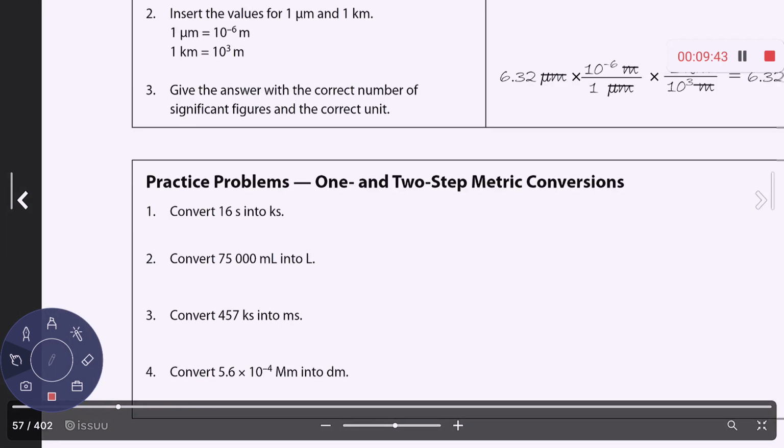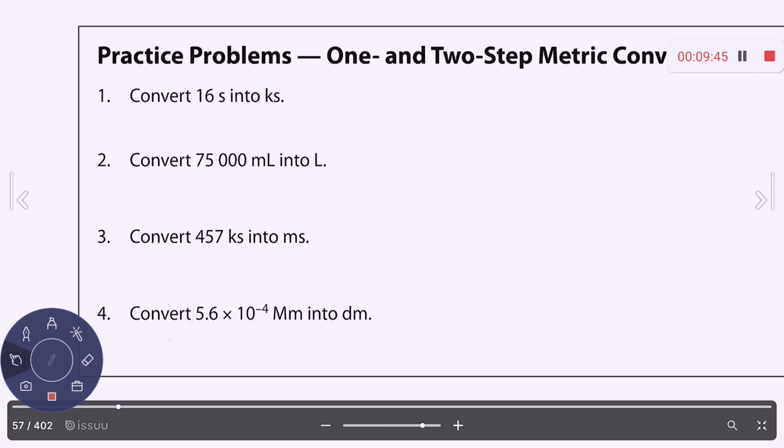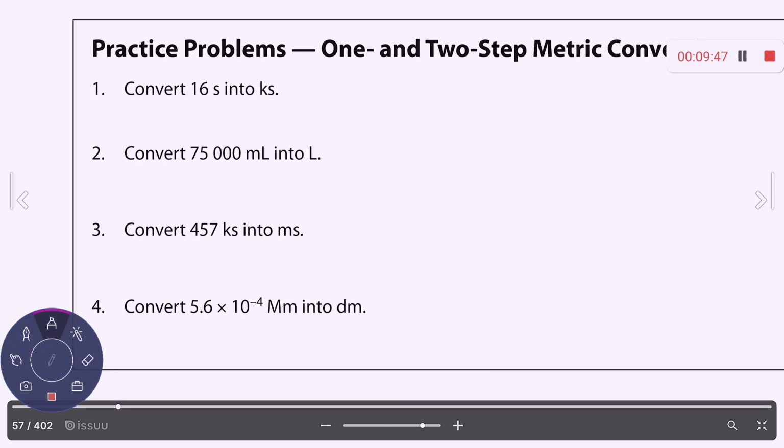All right, let's take a look at 1 and 2. For number 1, it asks us to convert 16 seconds into kiloseconds. And this would be an example of a base, because it's a one-letter unit, to a prefix conversion. Okay? So here you're going to take your 16 seconds, write that down. You want to have seconds go on the diagonal because you're trying to cancel it.